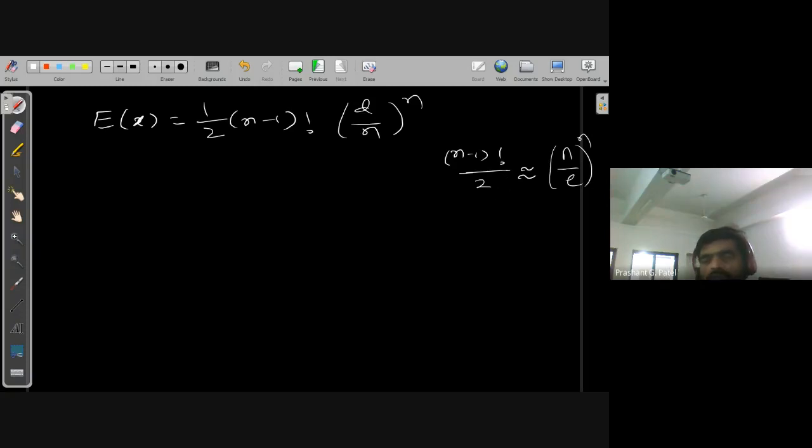And those who are reading TY BSc with mathematics subject, they have come across the proof of this Stirling formula. The actual Stirling formula is this: n factorial is approximated to square root of 2 pi n into (n by e) power n.